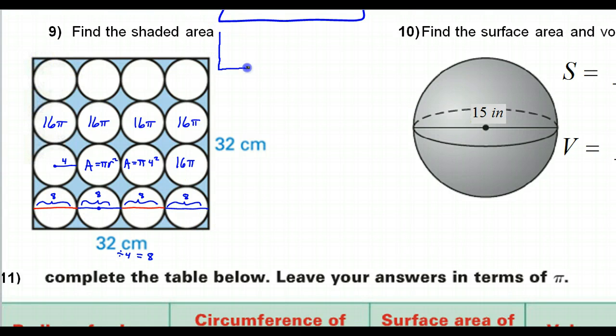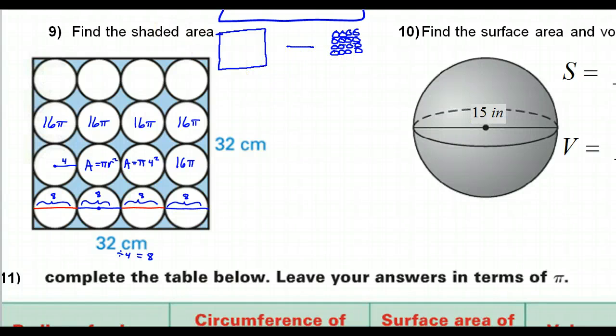Can you see that the outer shape is a square? Now, what's the inner shape? Well, the inner shape is a bunch of circles. So I need to take the outer shape minus the inner shapes. So square minus a bunch of circles. Now, how many circles are there? 1, 2, 3, 4. 1, 2, 3, 4. This is 4 by 4. 4 groups of 4. So that's 16. So 16 circles.